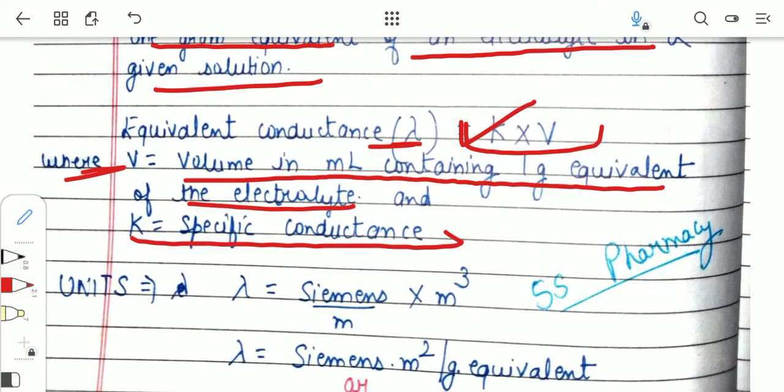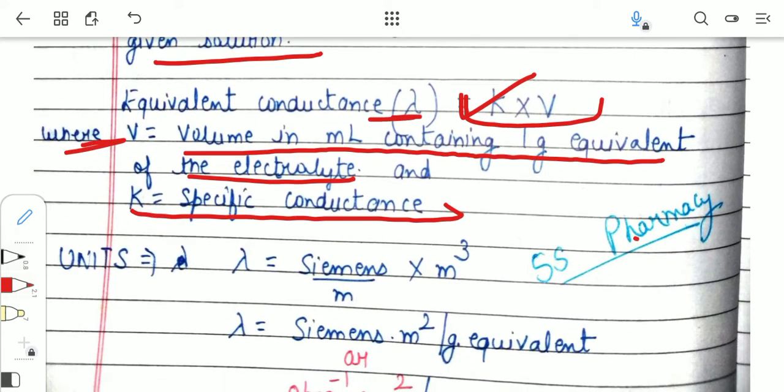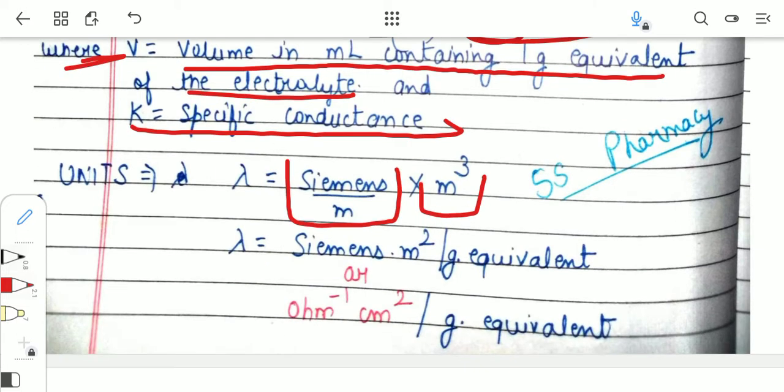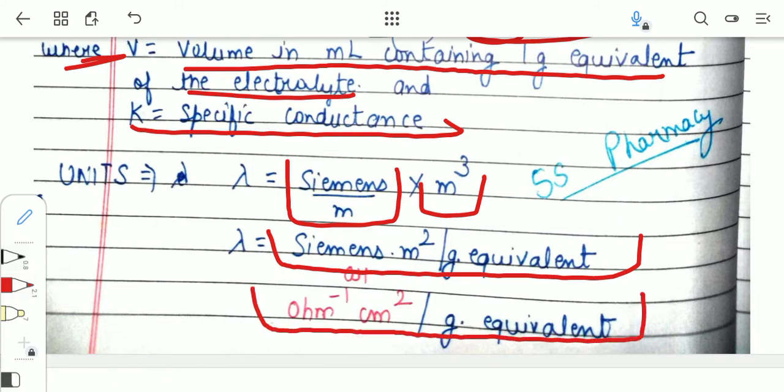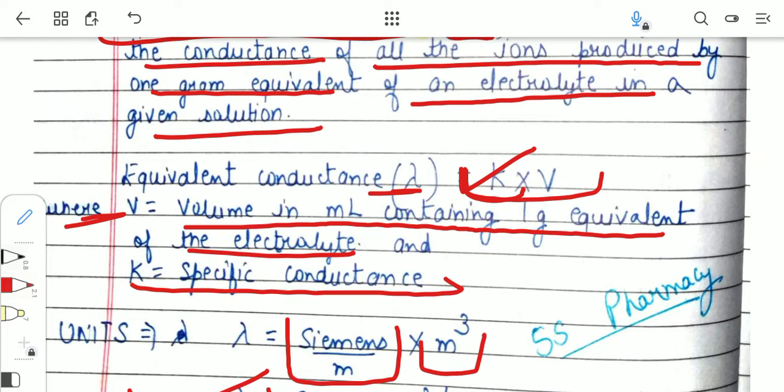If we have to calculate its unit, we know that kappa has unit Siemens per meter, and volume is meter cube. So when we perform the calculation, it is Siemens meter square per gram equivalent, or we can also say per ohm centimeter square per gram equivalent. These are the units for our equivalent conductance.